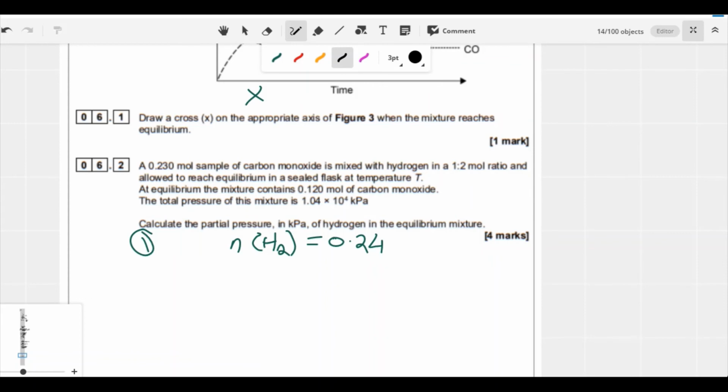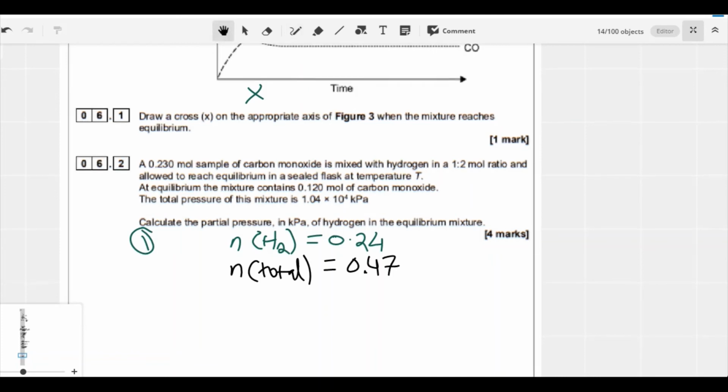I am going to write the total number of moles, because when you add them, 0.24 plus 0.23 equals 0.47.